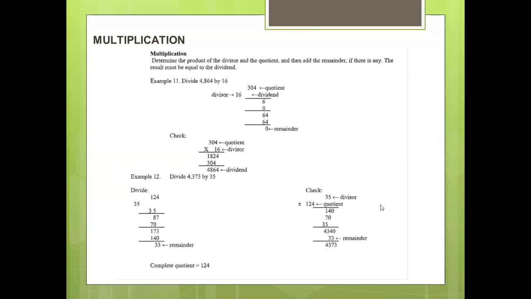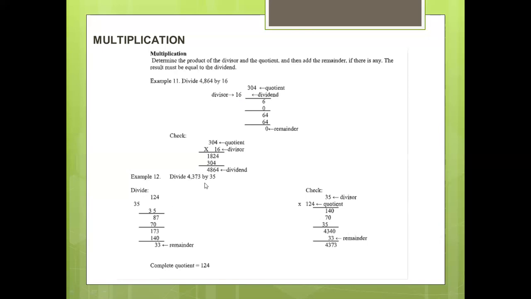So upon checking, we will be multiplying the divisor by the quotient. So when we multiply it, we have 35 times 124, and the result would be 4,340. It is not yet the dividend, because we need to find the dividend, which is 4,373.